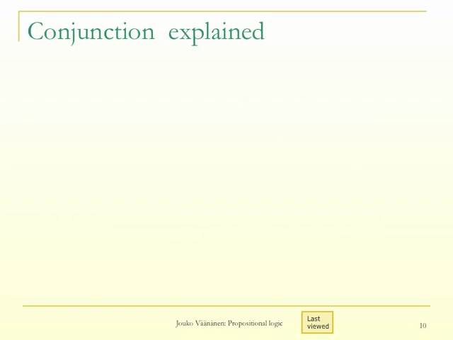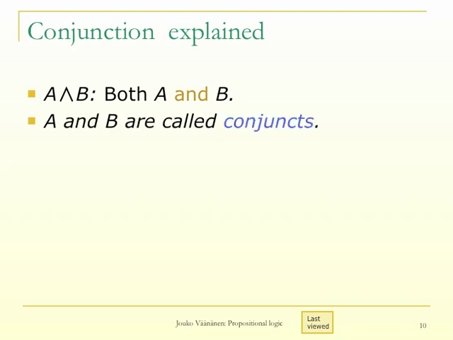The conjunction of A and B, denoted A conjunction B, says intuitively that both A and B hold. The sentences A and B are called the conjuncts. So, a conjunction A conjunction B is the conjunction of two conjuncts. Here are some typical conjunctions.